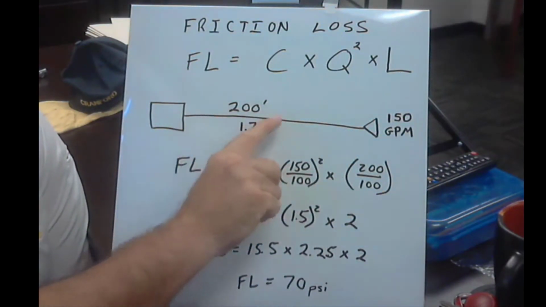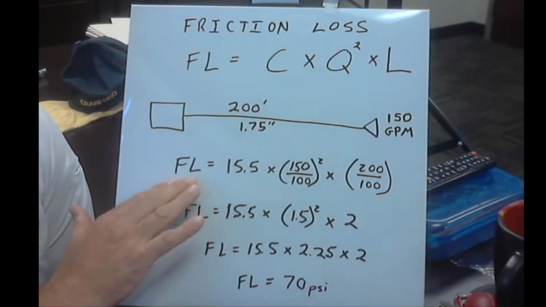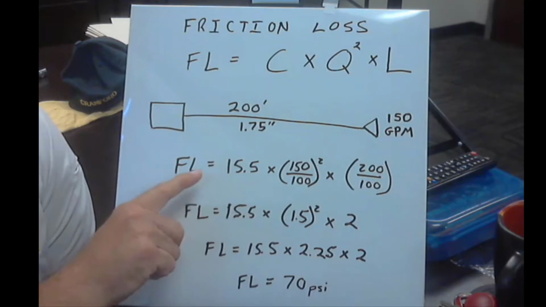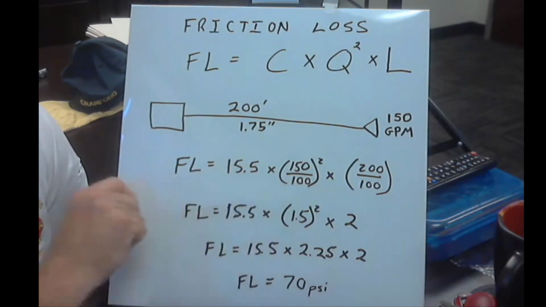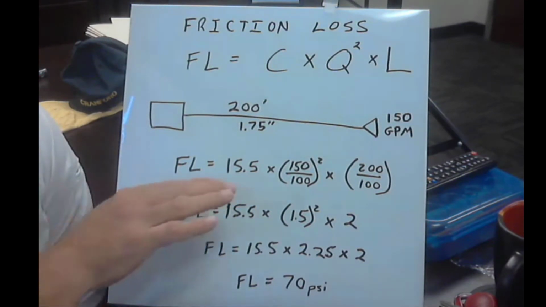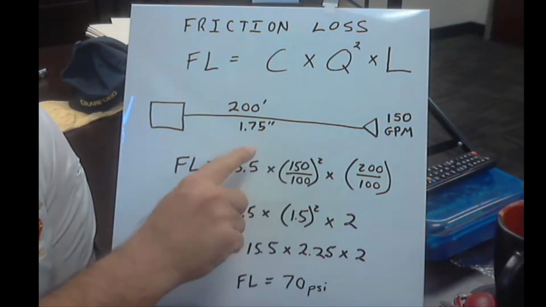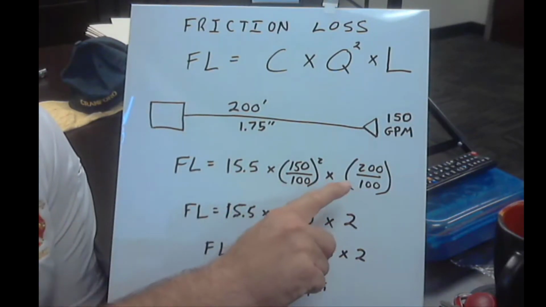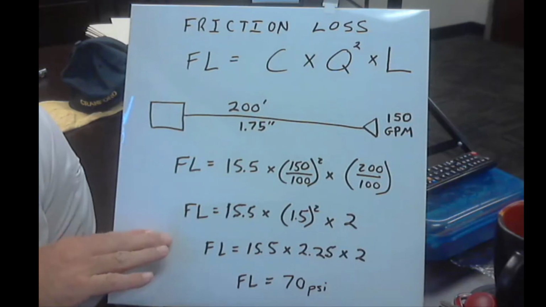And do we have the length of hose to plug in here for the length? And we do. So friction loss equals, as we plug this in, 15.5 times 150 divided by 100. You're going to do that math first, and that is squared, times 200 divided by 100. And we simplify that down to the next line.